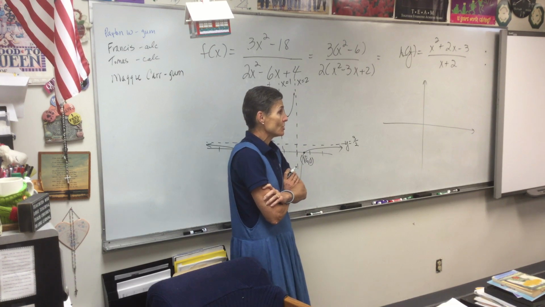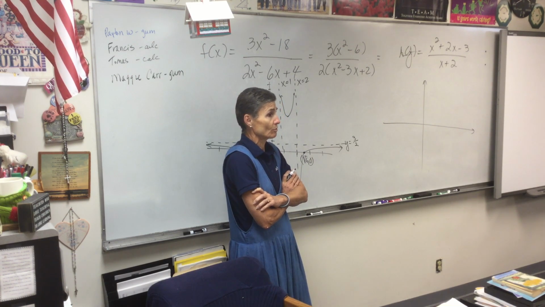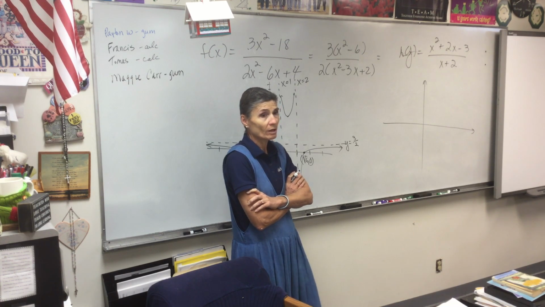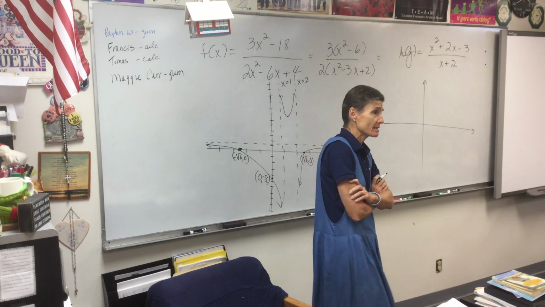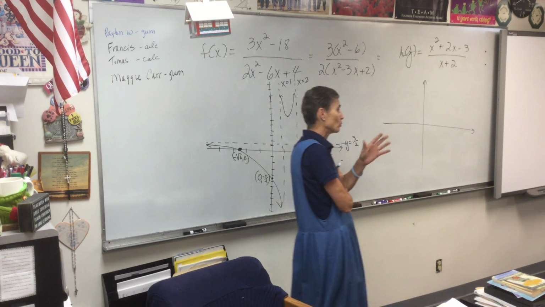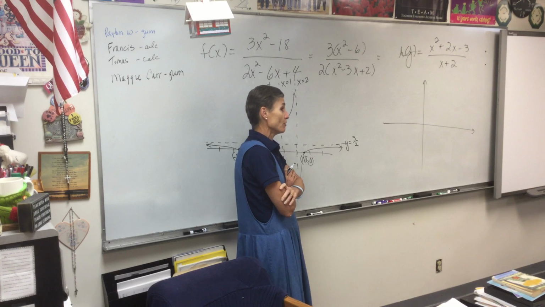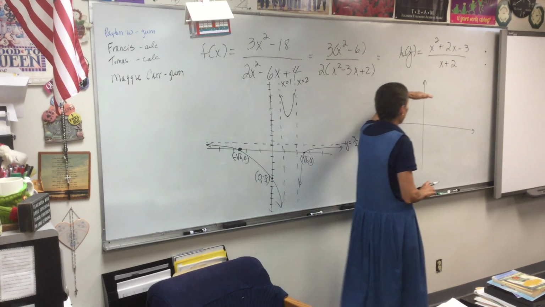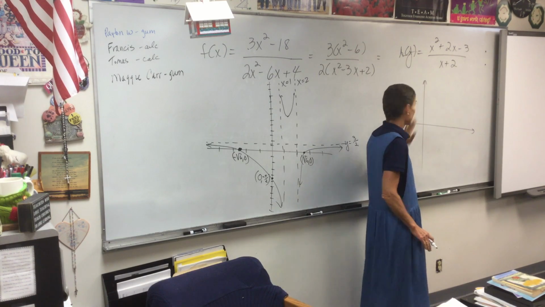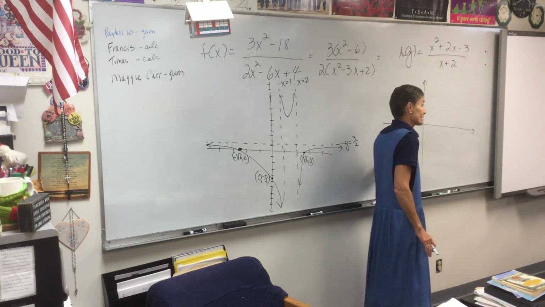It means there's no horizontal asymptote, but there is what we call a slant asymptote or an end behavior asymptote. Both words are fine. In other words, instead of a horizontal line, it's going to be a slanted line.